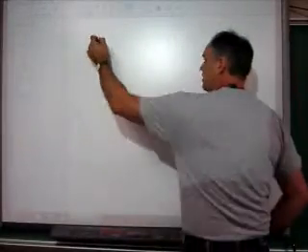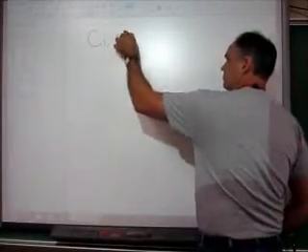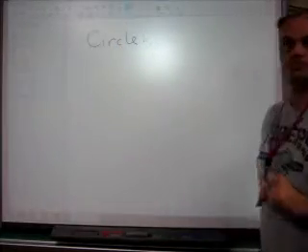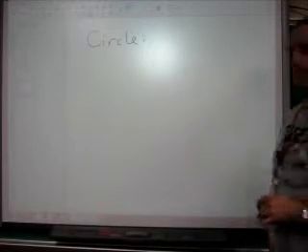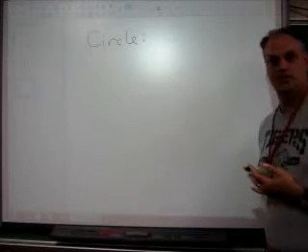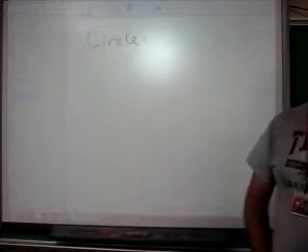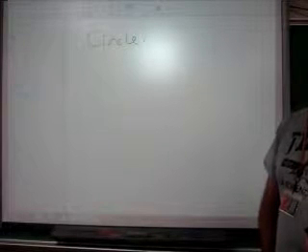How would you define a circle? Constant radius all around. Okay. Not given a set start and end point. So no start and end, a constant radius distance from the center point.